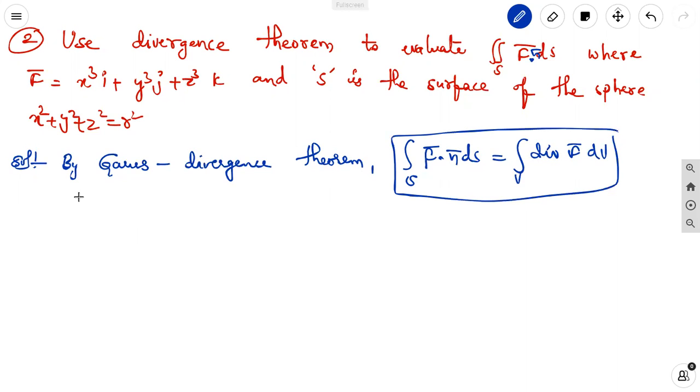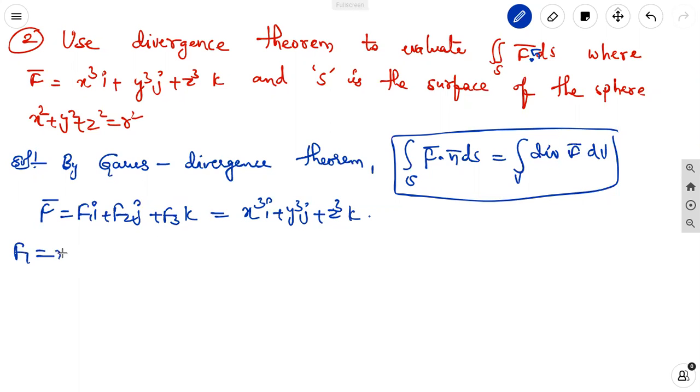Okay, here given f vector equal to f1 i plus f2 j plus f3 k. Here they are asking about the value using the divergence theorem, not verification. If they are asking the verification, means we can find out the LHS and RHS separately. You remember that. x cube i plus y cube j plus z cube k.